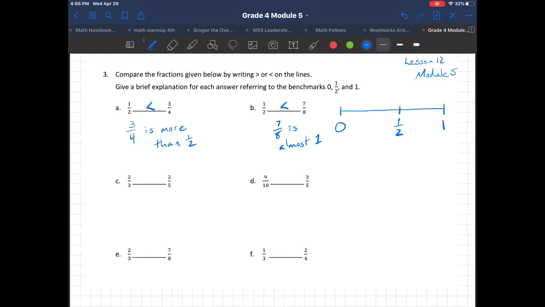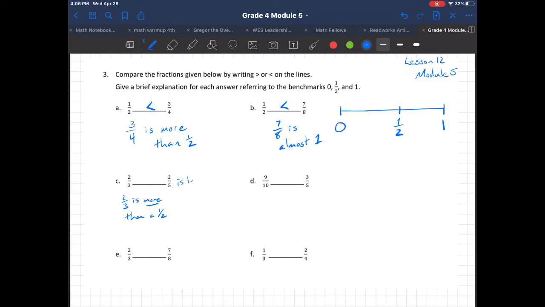So I know 2 is more than half of 3. So 2/3 is more than a half. And 2/5, 2 is less than half of 5.